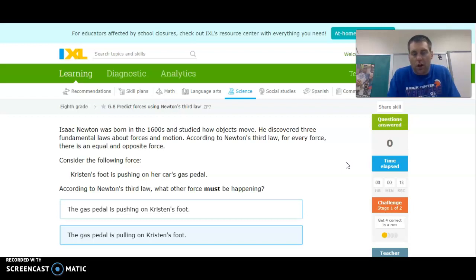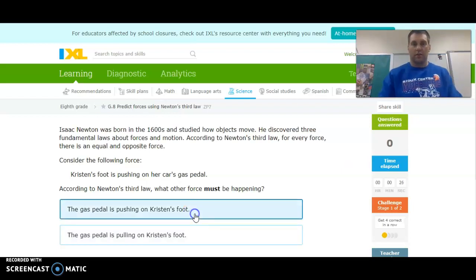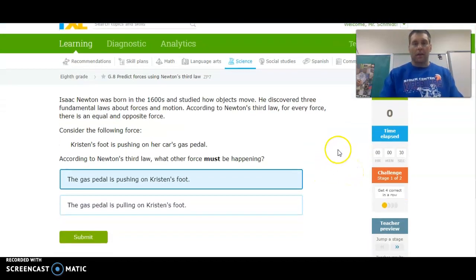According to Newton's third law, every action has an equal and opposite reaction. So what force must be happening? Well, if Kristen's foot is pushing on the car's gas pedal, then the gas pedal has to be pushing on Kristen's foot in order for that to happen. Okay?